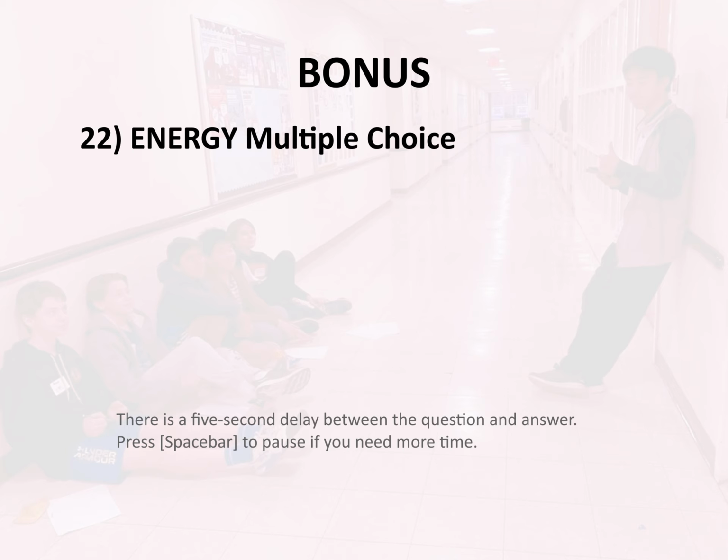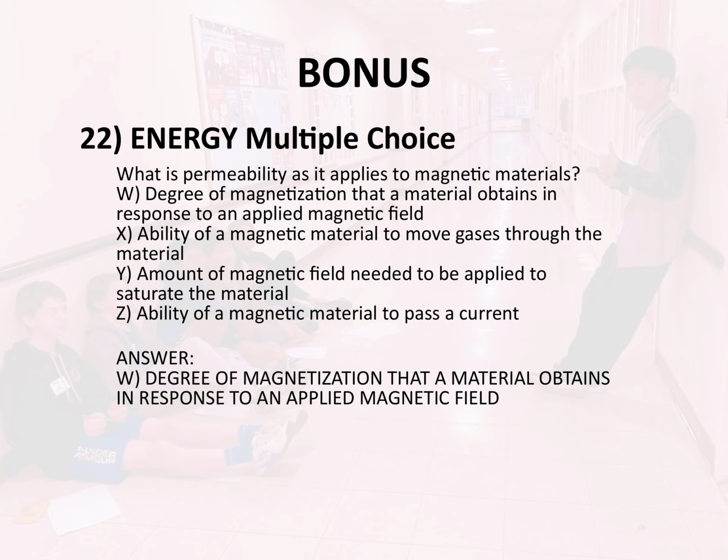Y. Amount of magnetic field needed to be applied to saturate the material. Z. Ability of a magnetic material to pass a current. Answer. W. Degree of magnetization that a material obtains in response to an applied magnetic field.